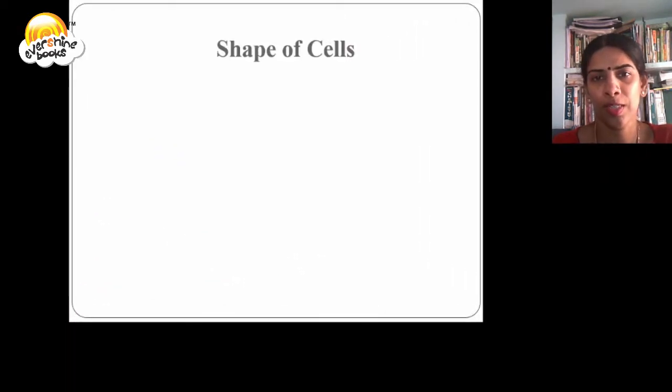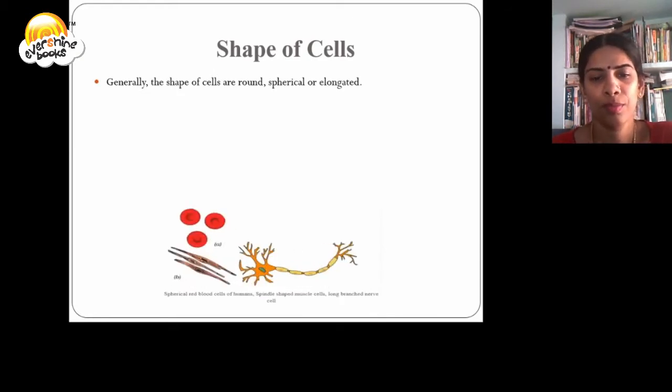Shape of cells. Generally, the shape of cells is round, spherical or elongated. The spherical shape shown in the picture is a red blood cell. The spindle shaped cell is a muscle cell.